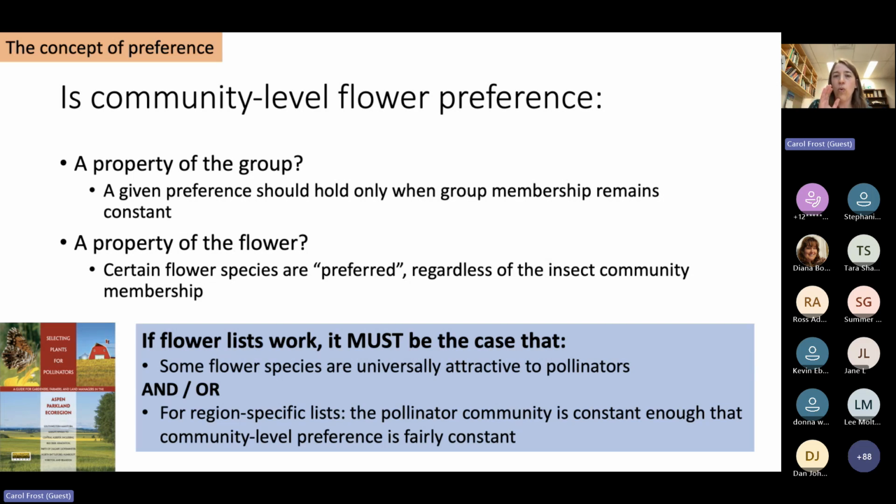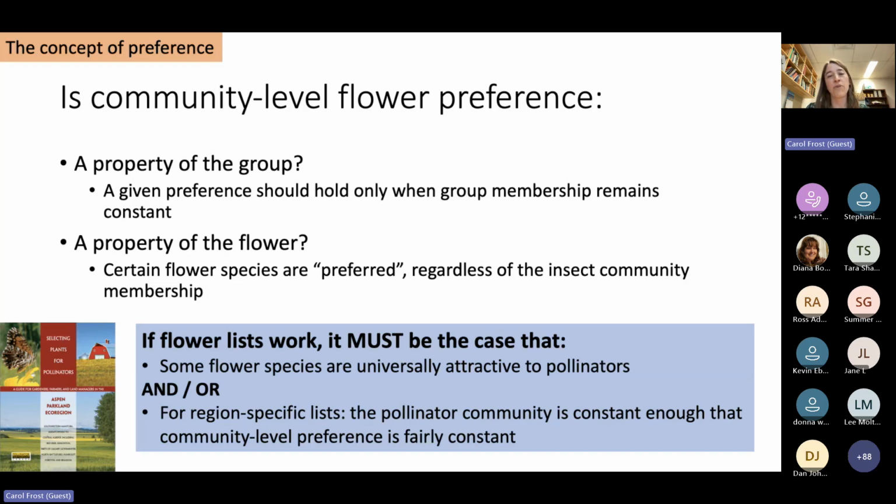If what species are attractive to pollinators varies from place to place, a flower list for general flowers for pollinators wouldn't be useful. So either some flower species must be universally attractive, or for region-specific lists, like this one for the Aspen Parkland ecoregion, the pollinator community must be constant enough that community-level preference is fairly constant.